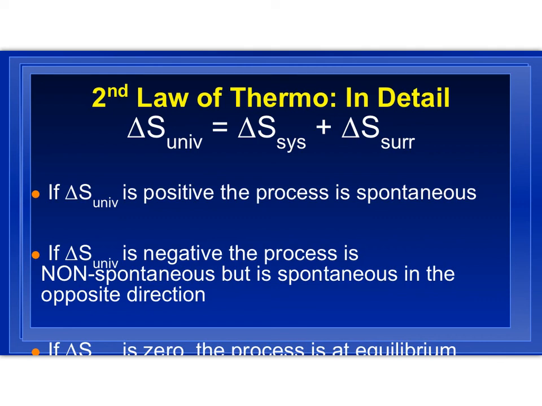Delta S universe is usually a difficult value to calculate, so in our next video, we will be looking at delta G, called Gibbs free energy, and that thermodynamic function will help us predict the spontaneity of a reaction with better accuracy. We will use the entropy of the system to help us determine Gibbs free energy.